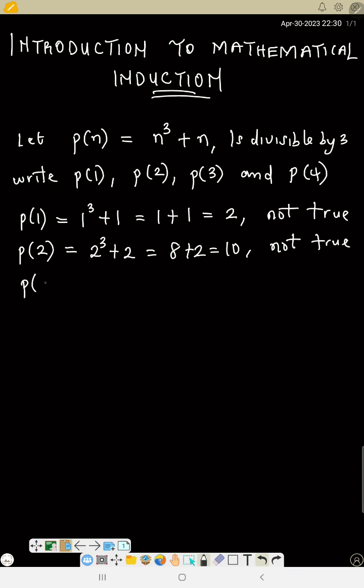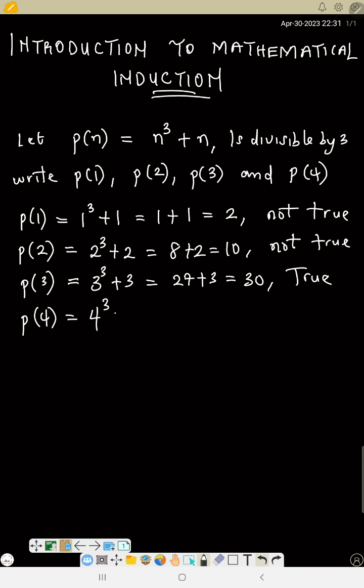Now P(3) is equal to 3 raised to power 3 plus 3. So that is 27 plus 3, that is 30. So true, because it is divisible by 3. 30 divided by 3 is 10. P(4): 4 raised to power 3 plus 4, that is 64 plus 4, that is 68.